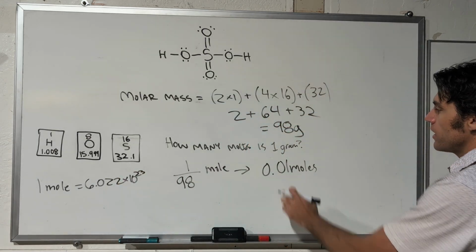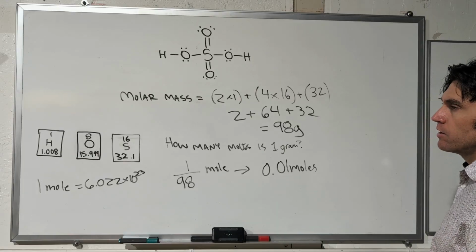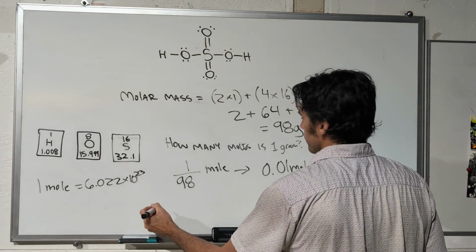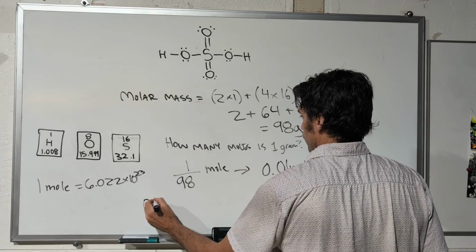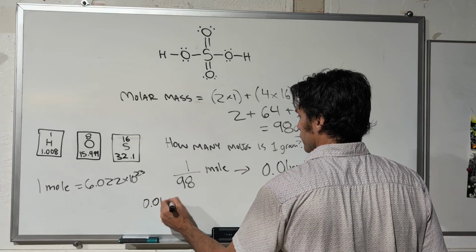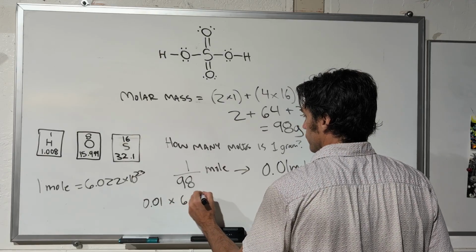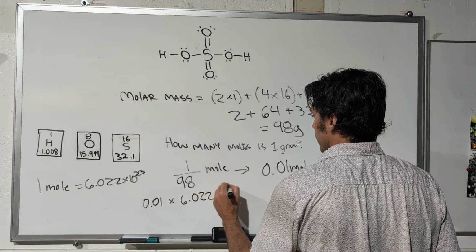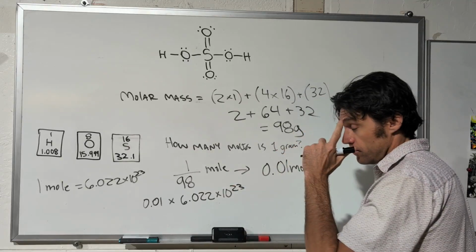Okay, so if we got 0.01 moles, I know that the math is 0.01 times 6.022 times 10 to the 23.